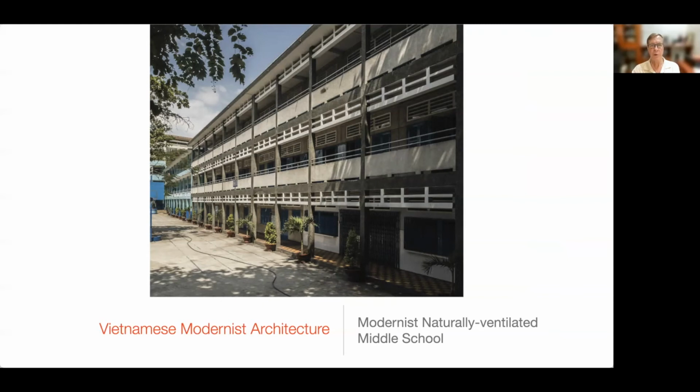Notice the ventilation louvers above the openings in the exterior wall, shaded by brise-soleil elements suspended from the spandrel beams of the exterior corridor above. These school layouts are usually single-loaded exterior corridors, and the classrooms have ventilation louvers and windows in the opposite exterior wall to provide cross ventilation.